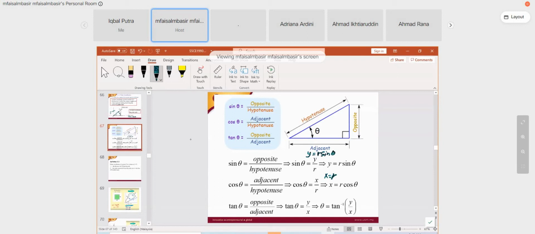And x squared plus y squared will be R squared. Remember these three and also this: theta is tangent inverse, y over x.